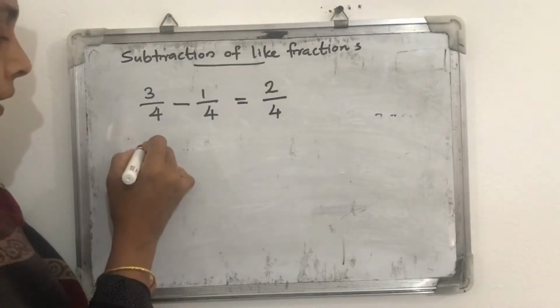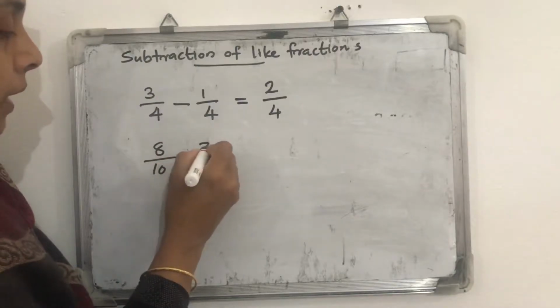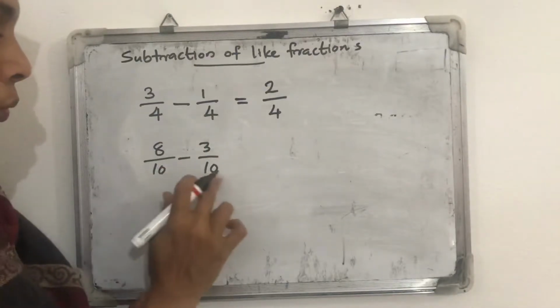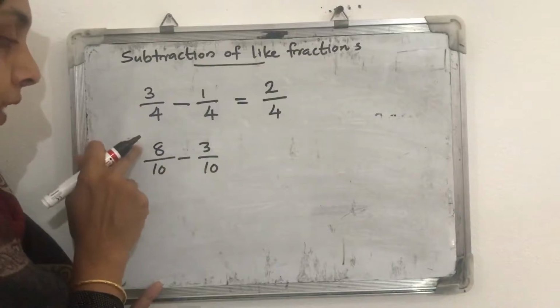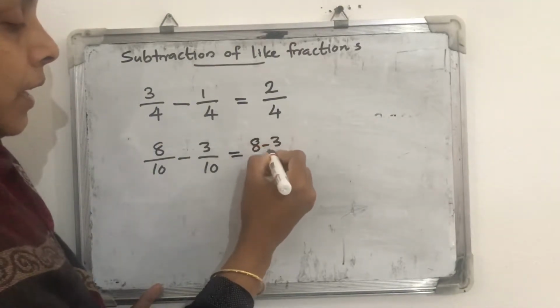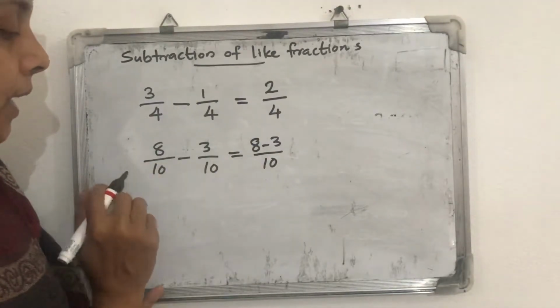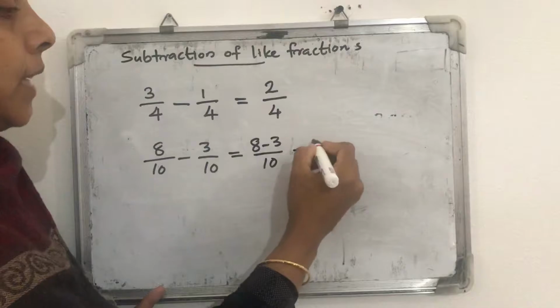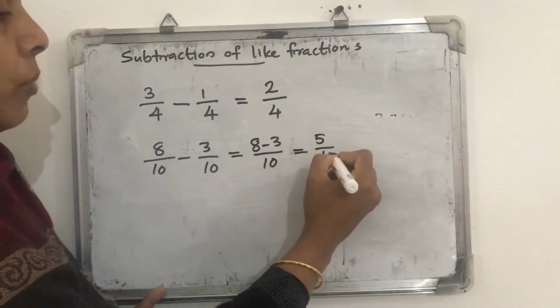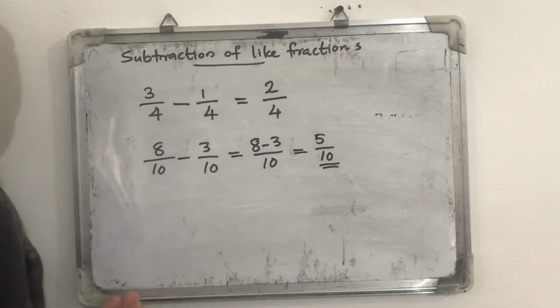Another question: 8 by 10 minus 3 by 10. Here also both are like fractions. So we subtract the numerators, 8 minus 3, and the denominator will be the same, 10. 8 minus 3 is 5, so 5 by 10 is the answer. In this way we can subtract any two like fractions.